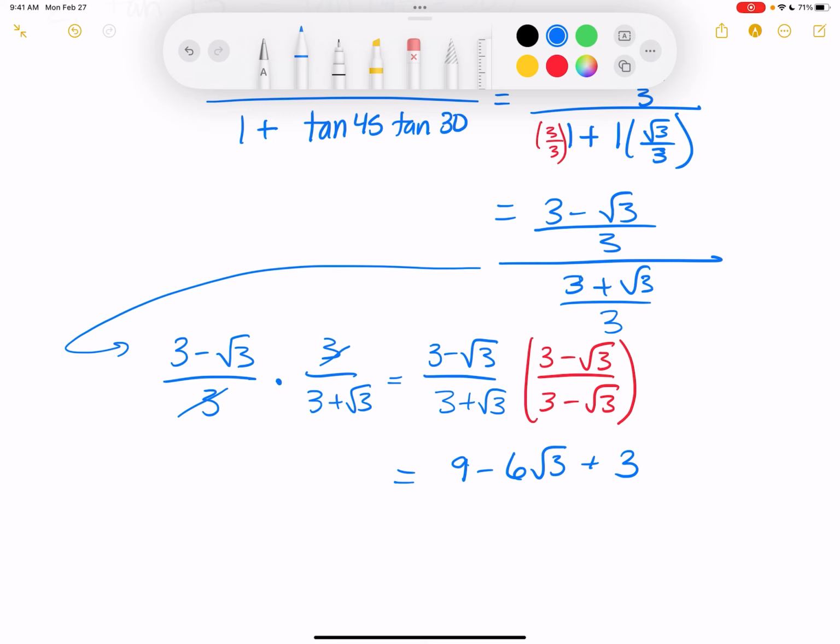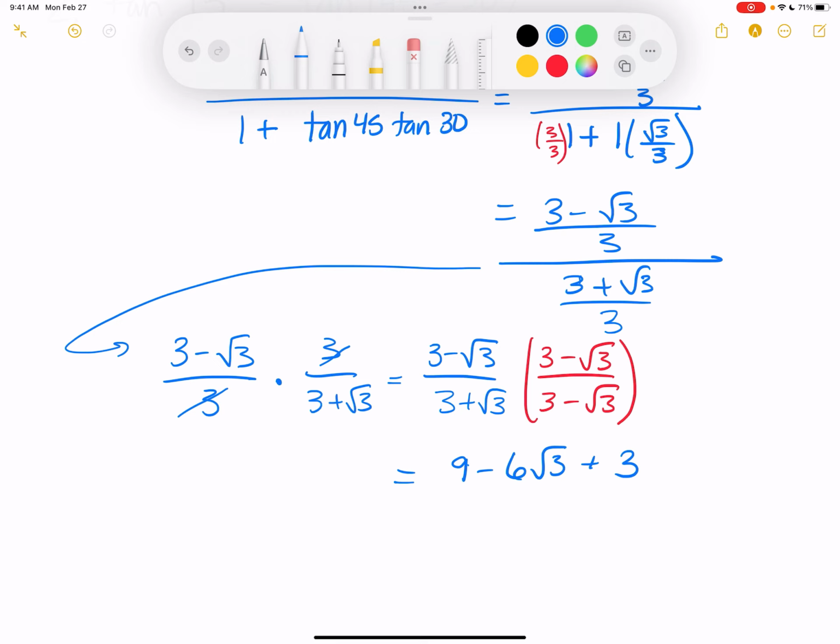Because 3 times 3 is 9. Negative root 3 times 3 would be negative 3 root 3. And then 3 times negative root 3 is, so that, yeah, okay, so that's negative 6 root 3. And then negative square root of 3 times negative square root of 3 is positive 3.